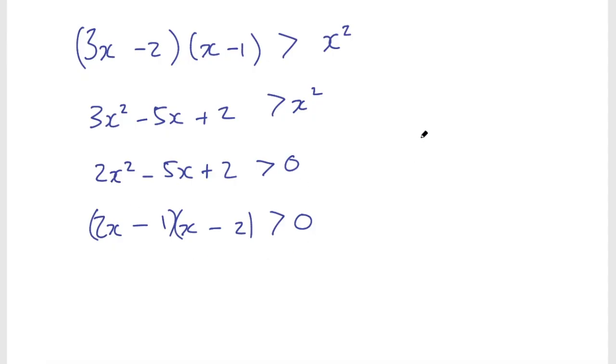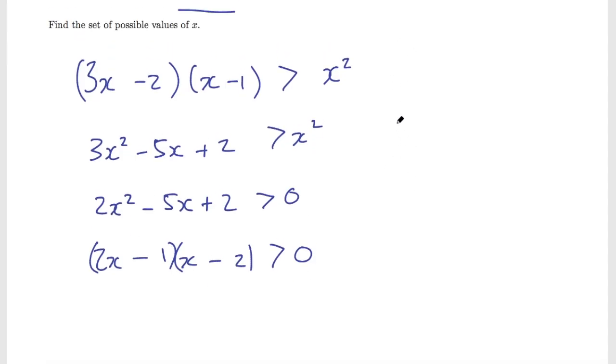Okay, so once you get to this point, this is another stage of understanding where essentially you need to know how to work out quadratics with inequalities. And the first thing you need to do is to work out the critical values. And essentially what critical values are is the x-intercepts, or the solutions to this equation.